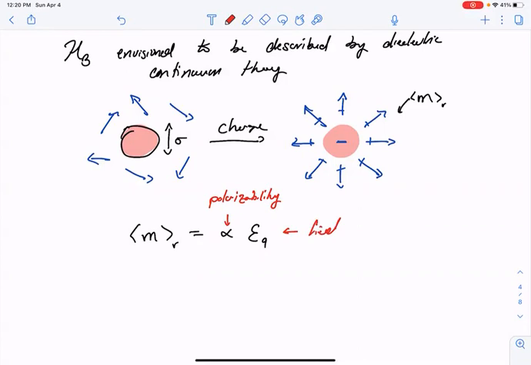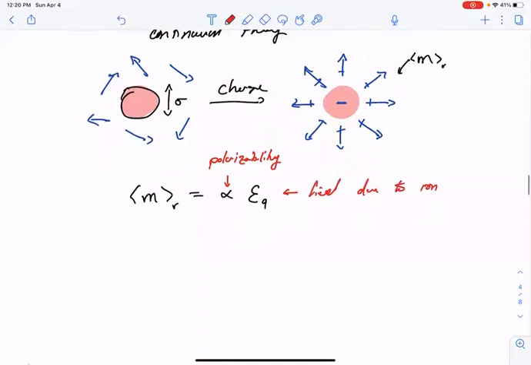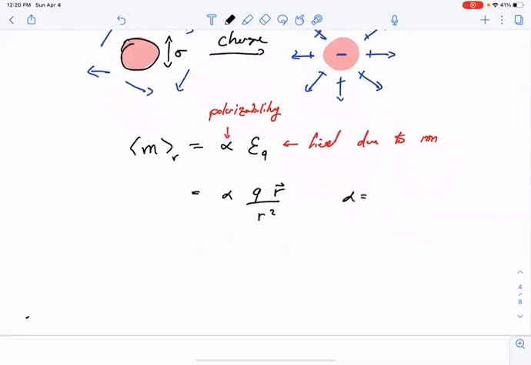And that's the field. So the electric field due to an ion depends on the magnitude of that charge. It's a vector, centrally symmetric. If I put the ion at the origin, it decays like 1 over r squared. That's just Coulomb's law. This is a linear response relationship. So alpha is how the dipole reorganizes in response to that field.